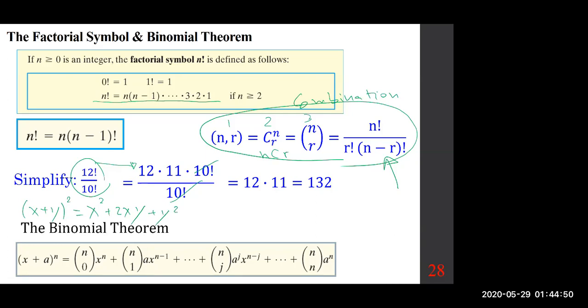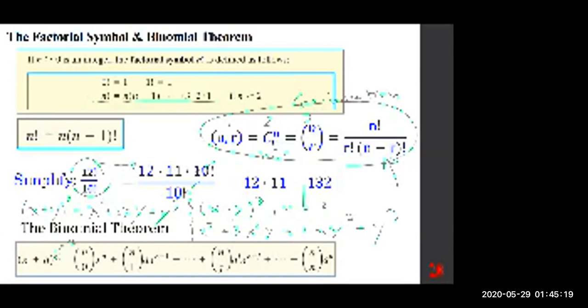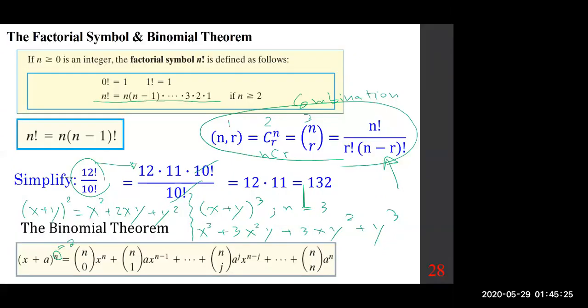This is the case where n equals 2. X plus y cubed, this is where n equals 3. It's x cubed plus 3x squared y plus 3xy squared plus y cubed. I'm going over an identity that we've gone over in class, and I hope you remember that. But this is really coming from the binomial theorem.